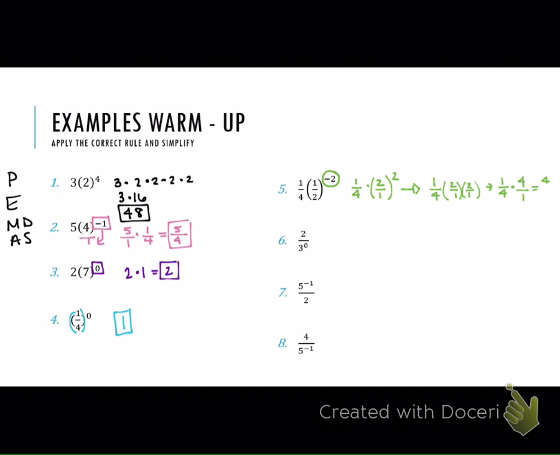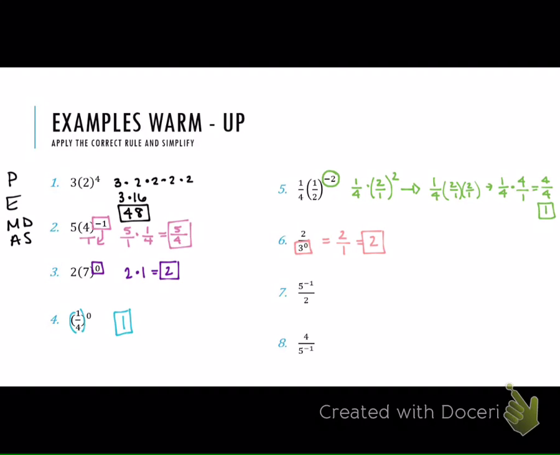Which is 1. All right. Number 6, Mackenzie. So that becomes 2 over 1, which is just 2.